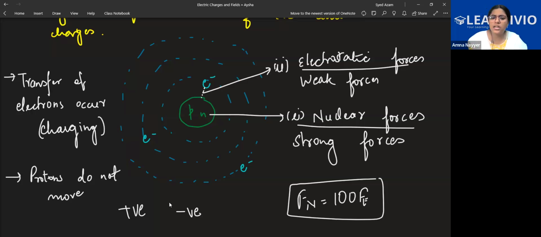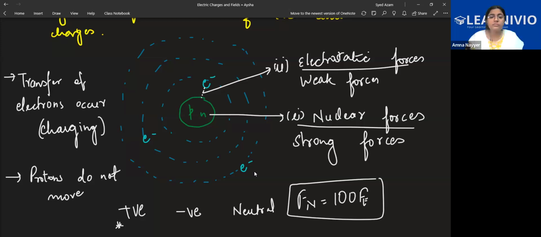The confusion can occur only here. A negatively charged body definitely means that electrons have been gained. And if the numbers of electrons and protons are exactly equal, we say the body is neutral because there is no net charge. You can neither say the body is positive nor negative.